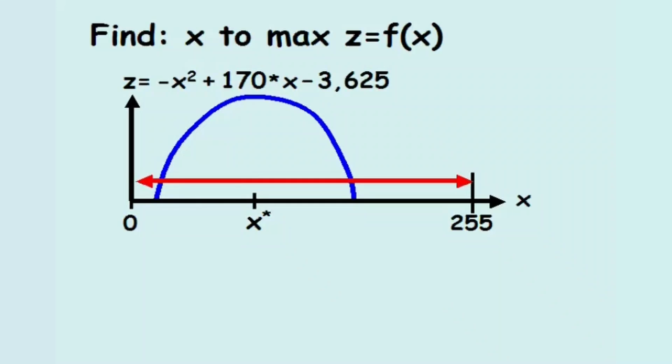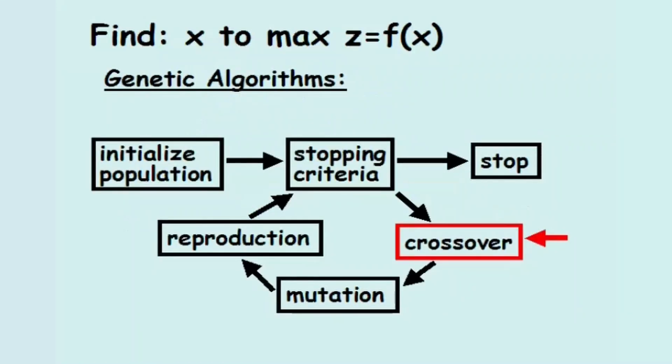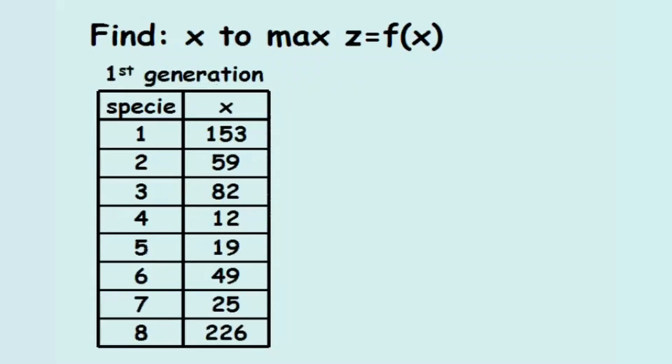Next, we'll begin synthesizing our second generation of species by crossing over, or cross-pollinating genetic information between mating pairs. Of the 64 species in our first generation, the values of x for the first 8 species are shown here.